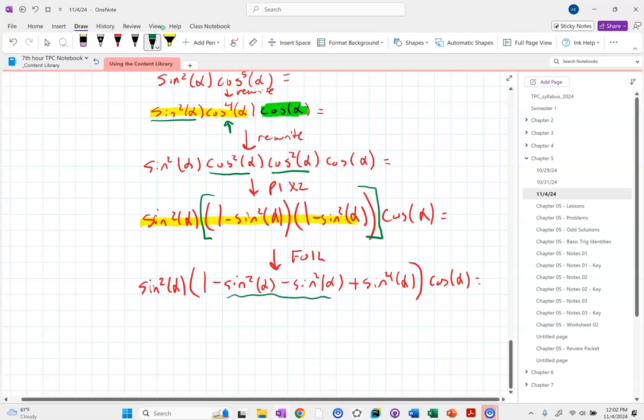I noticed that those are like terms in there. I'll do my usual foiling cleanup. Negative sine squared minus sine squared is negative 2 sine squared.